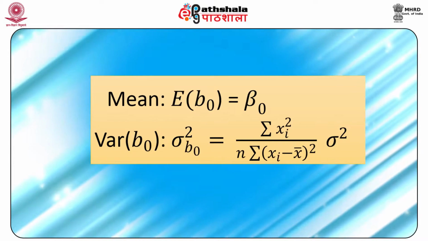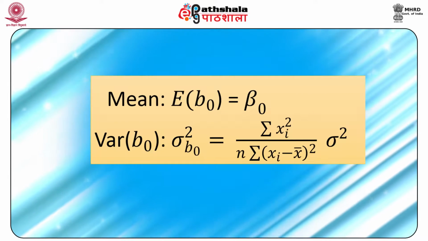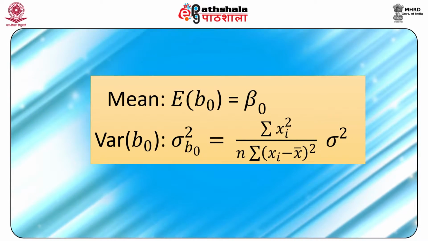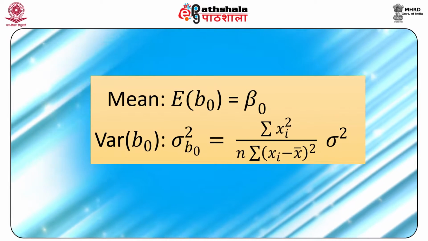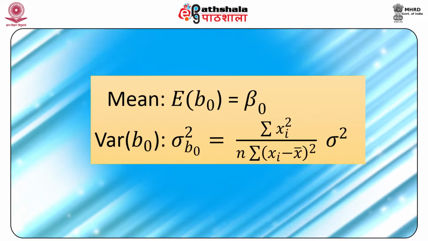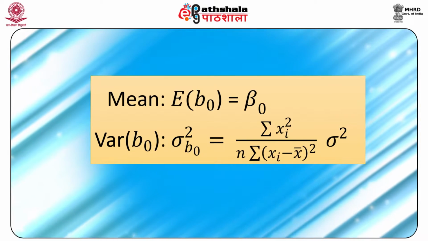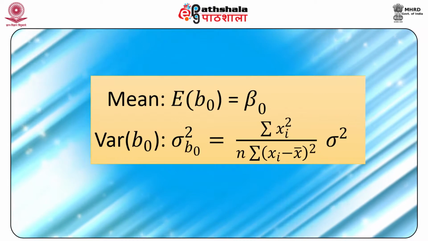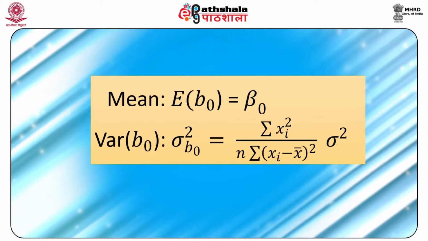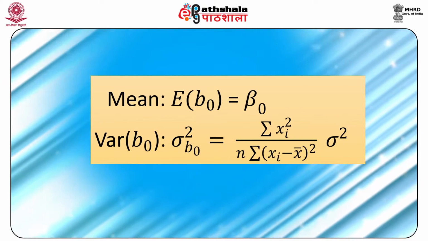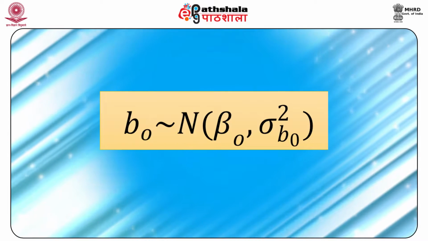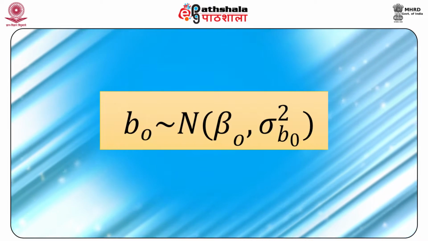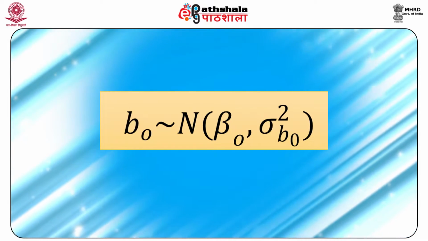The fourth property under normality is that the OLS estimator B0, being a linear function of mu i, is normally distributed with mean, expected value of B0 equal to beta 0, and variance of B0, say sigma B0 square, equal to sigma Xi square upon n into sigma Xi minus X bar square, into sigma square.